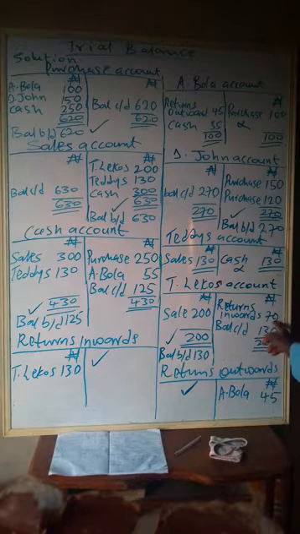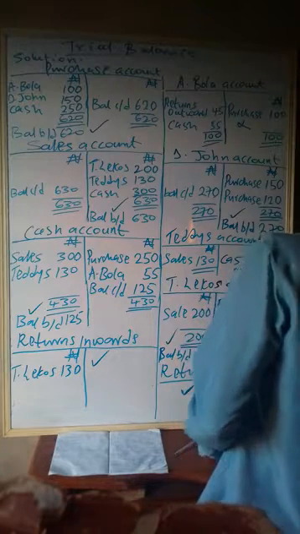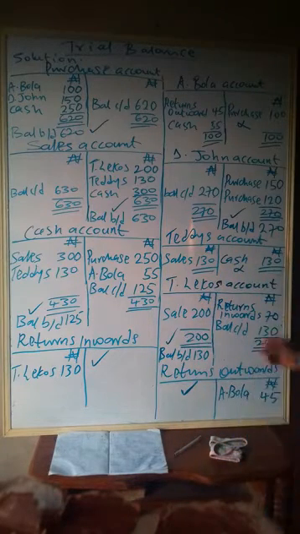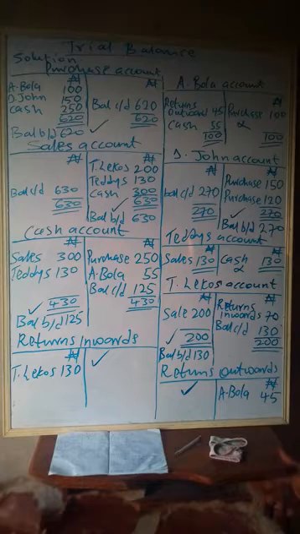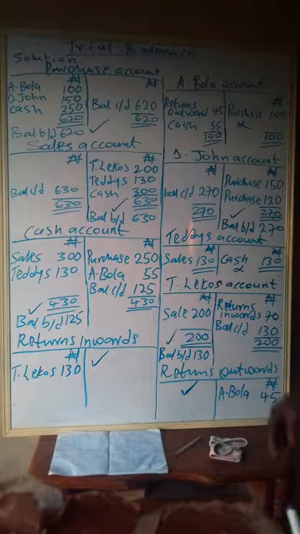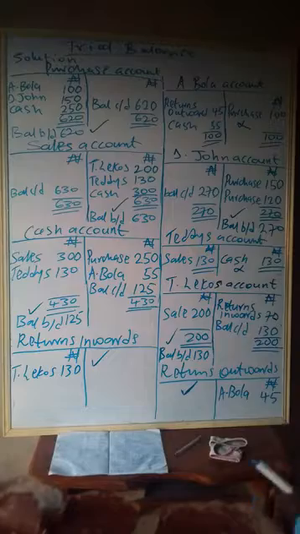Then there is a balance CD of 130, to give us balance BD. So return outwards and return inwards are the same thing; there is no balance BD or balance CD. You just carry it like that. Return inward is on the debit side, while return outward is on the credit side. Then you post it like that to the trial balance.